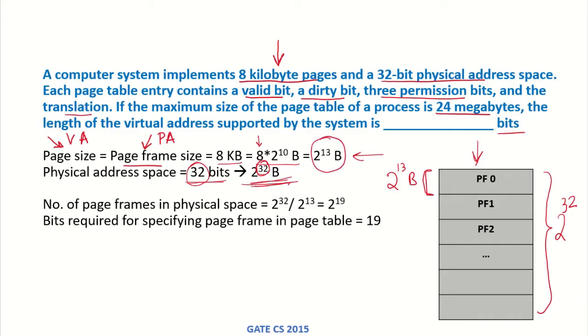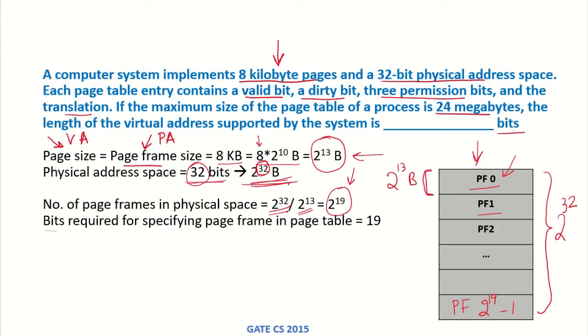So how many total page frames will there be? The total, 2 to the power of 32, divided by the size of one page frame, means there are 2 to the power of 19 frames: page frame 0, page frame 1, up to page frame 2 to the power of 19 minus 1, because we started with 0.